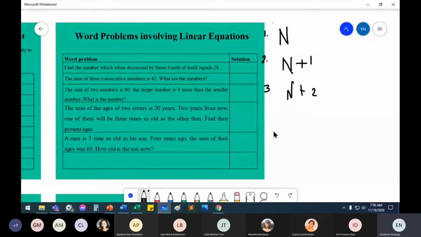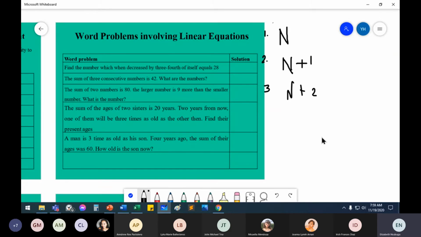If the first number is n, the second will be n plus 1, the third n plus 2. What if n is 50? Then the numbers will be 50, 51, 52. So they are consecutive.